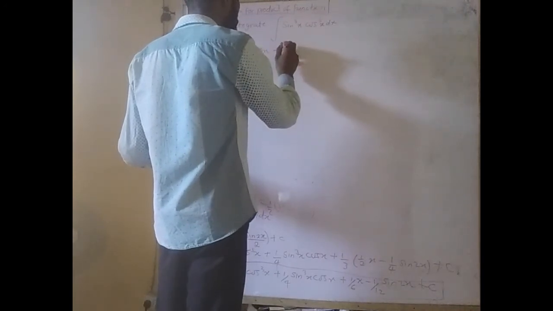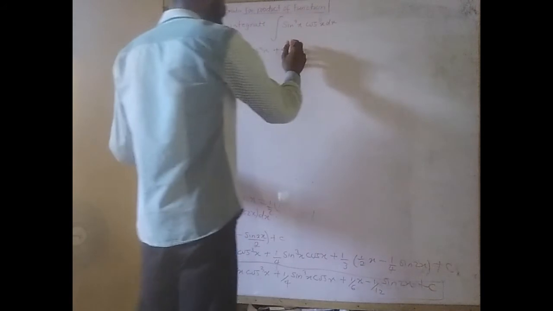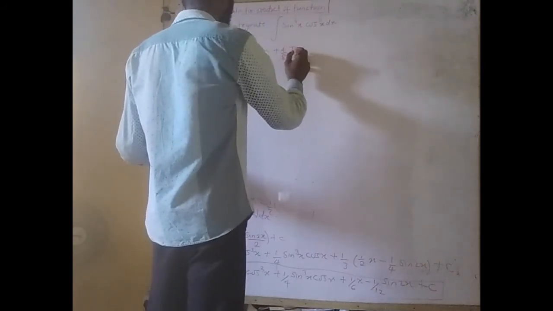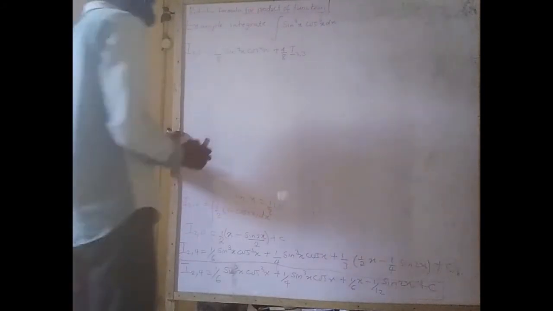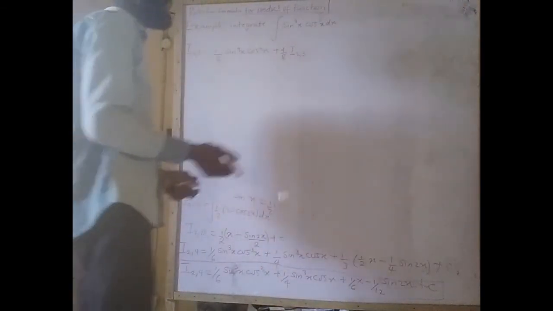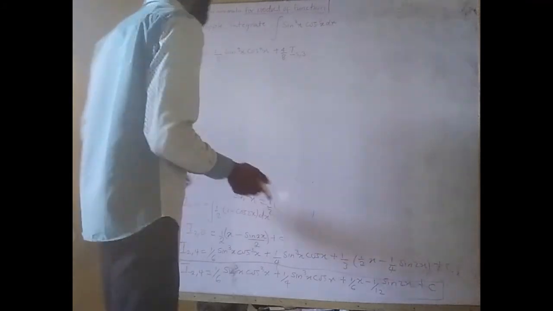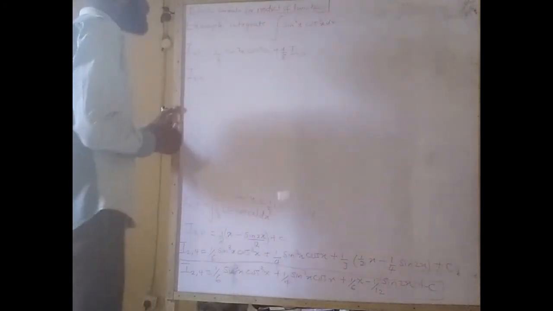I'm going to have 4 over 8, that is I of 3 comma 3. At the end of the day, I need to find my I 3 comma 3. How did I get this? From the formula I m comma n minus 2. Then 3 comma 3, now I want to apply the same formula.